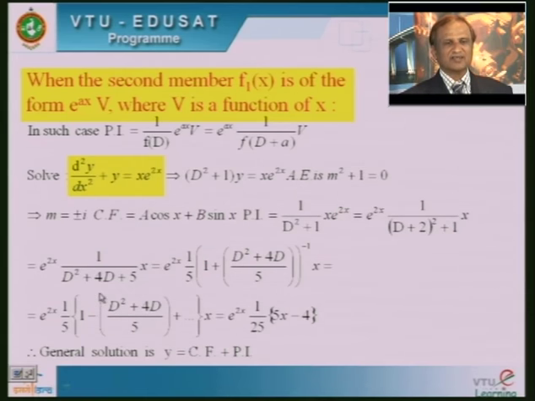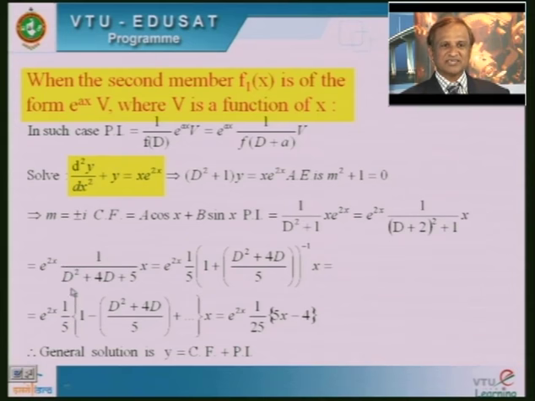I want to remove all the operators D, because it contains D² and D. Then only I can call it a particular integral. But this term still contains D, so to remove it I have to apply the method of the form x raised to m again.